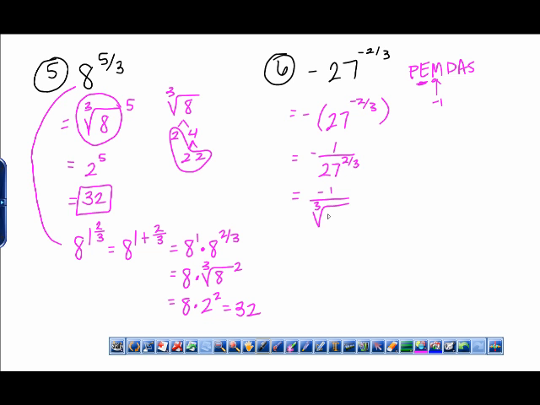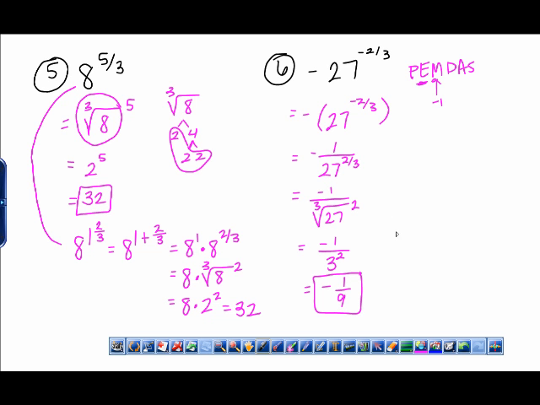So it's the cubed root of 27. And I don't want to square 27. So put the exponent outside of the root. Okay, so again, I have negative 27. The cubed root of 27, that's 3. This is something we should know. And then square it. And that gives you negative 1/9.